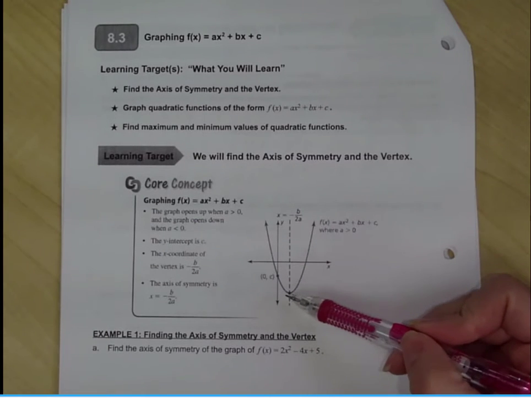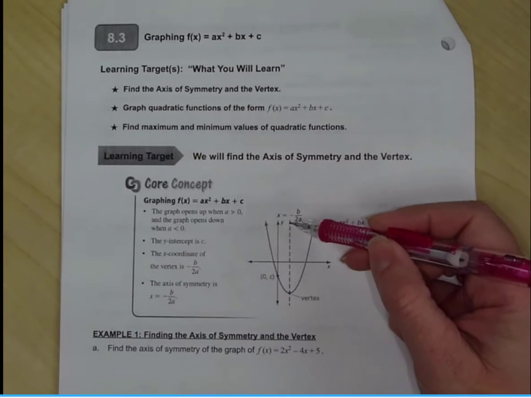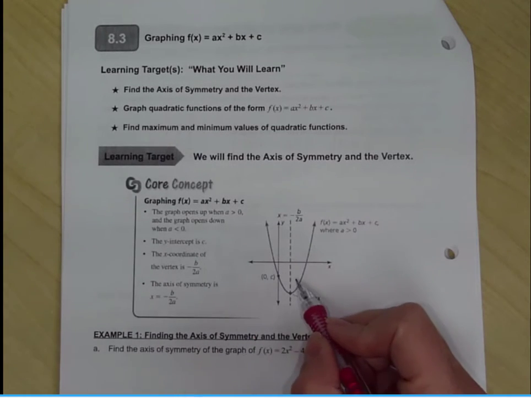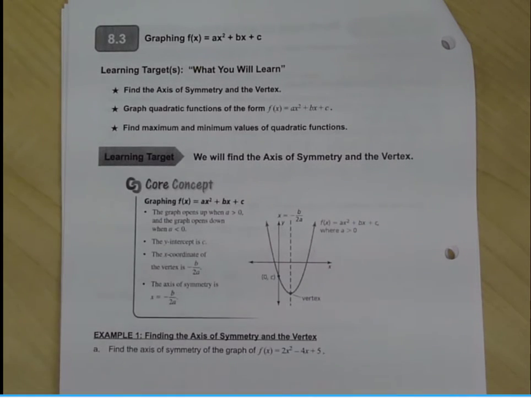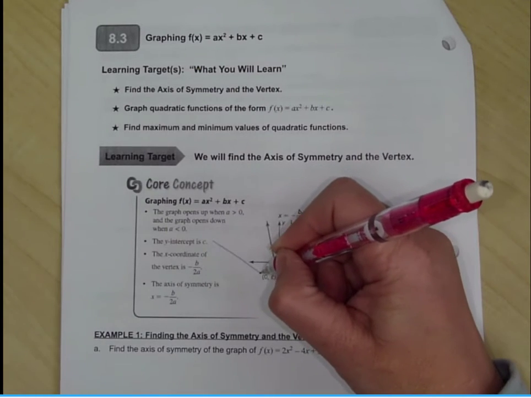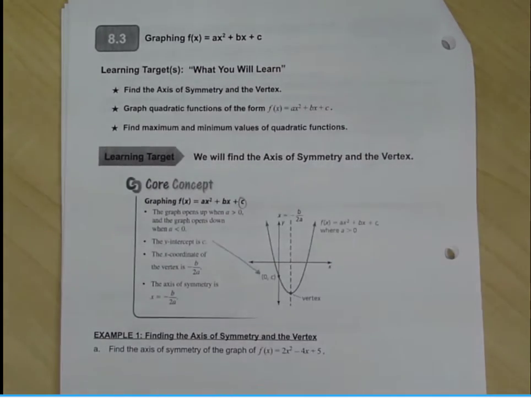So if we take a look at this function right here, we notice that this right here is the axis of symmetry. This is our y-intercept. Y-intercept is c. That's this part right here. There's your c.